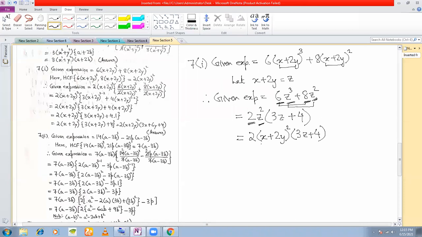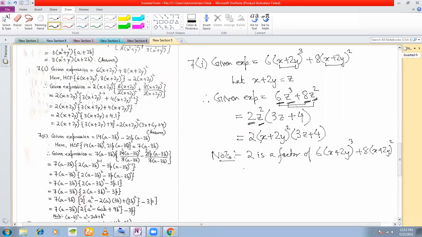Okay. See that. What you should see here is that 2 is a factor of 6 times x plus 2y whole cube plus 8 times x plus 2y whole square. 2 is one factor of this.